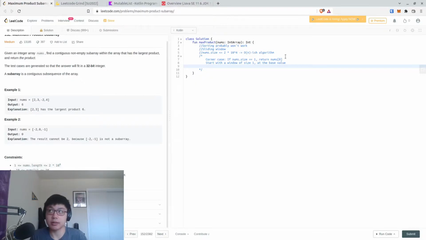And then we can say while the next value is greater than 0, add it to the product and increase the window.